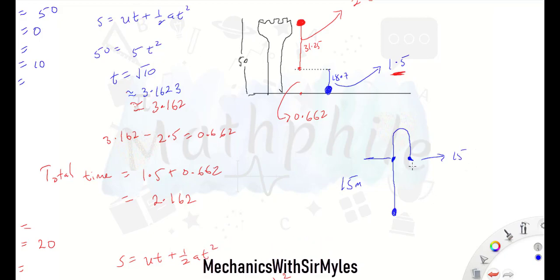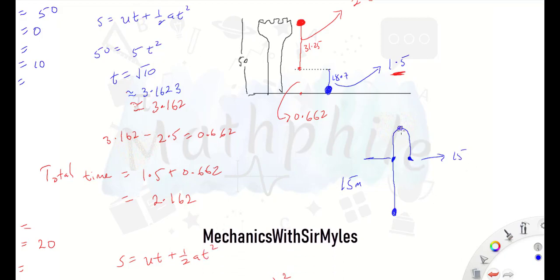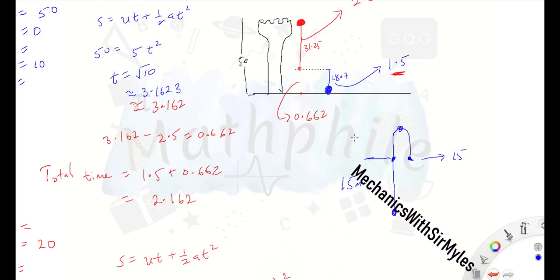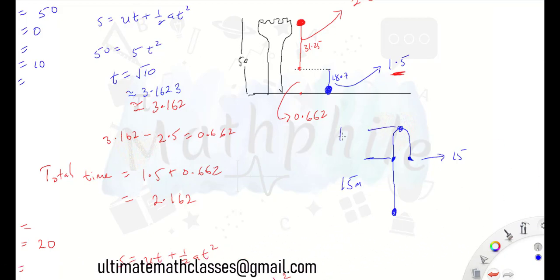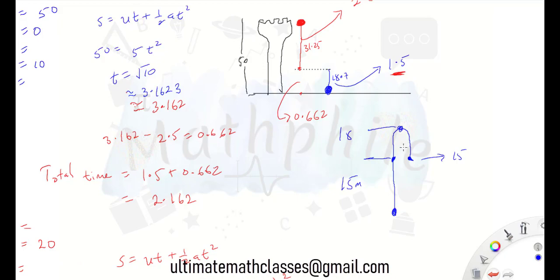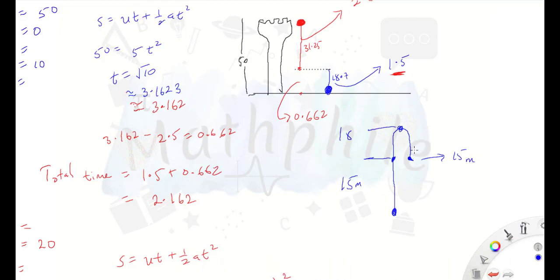Let's say this side is 18. The total distance is going to be 15 plus 3 plus 3, which is 21. But the displacement is going to be 15. The S over there is not distance, the S over there is displacement. So you have to be very careful.